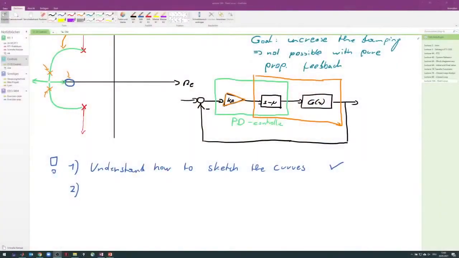Okay, and the second point is, with that knowledge then we can add dynamics to the controller. Because this is the actual crucial part of the control design.